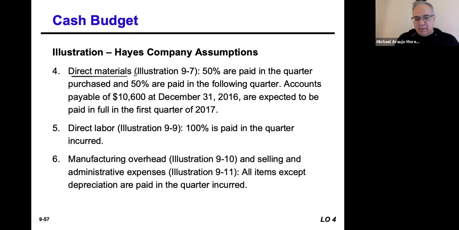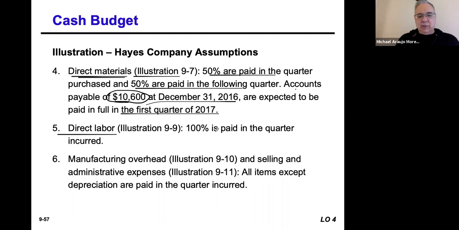They have to buy direct materials, as you know, from the budget that's in illustration 9.7. When they do buy direct materials, 50% of the costs are paid when it's purchased. The other 50% is paid in the following quarter. So accounts payable at the end of last year was $10,600, which of course has to be paid in full in the first quarter of this year.